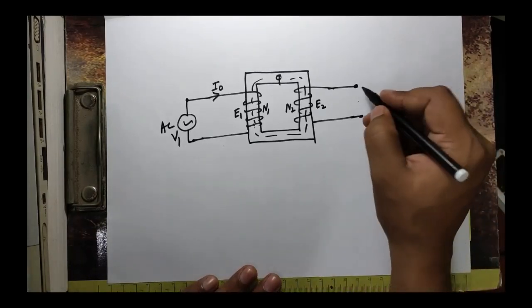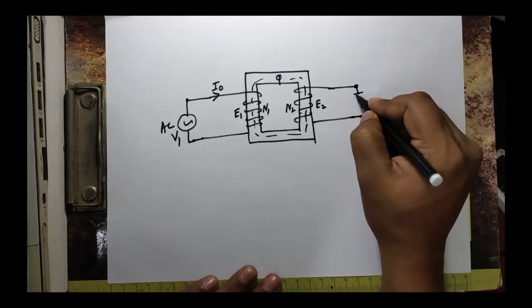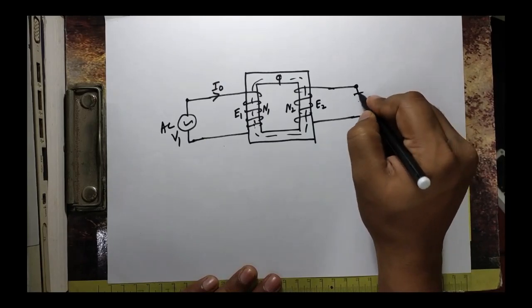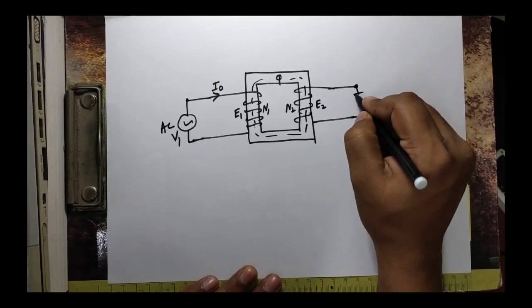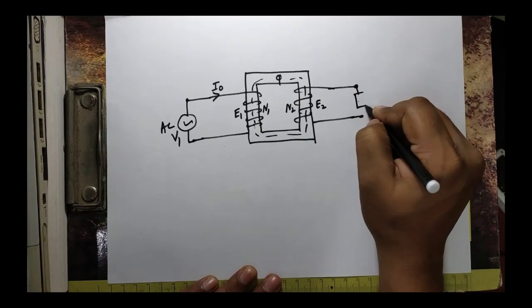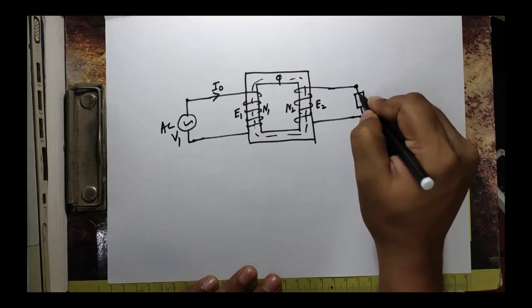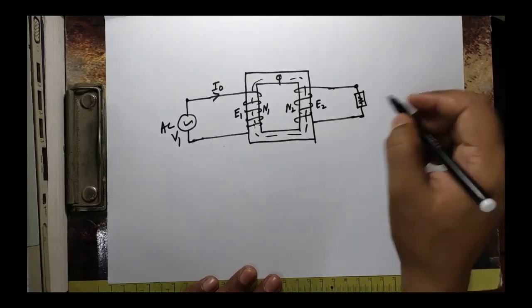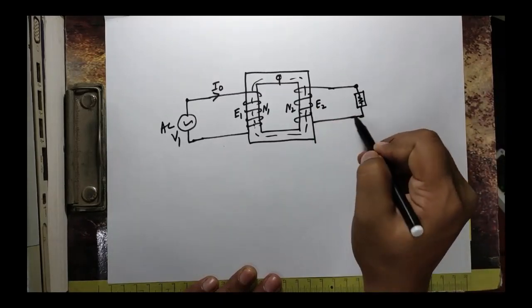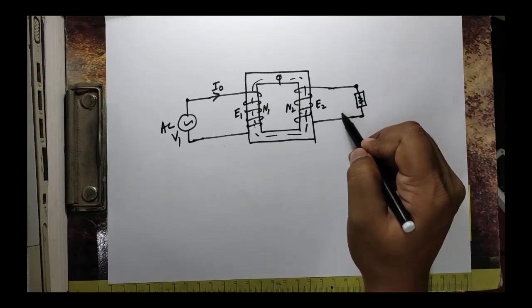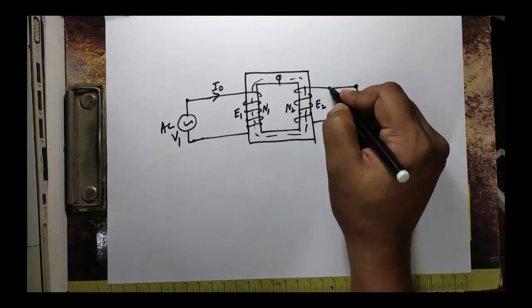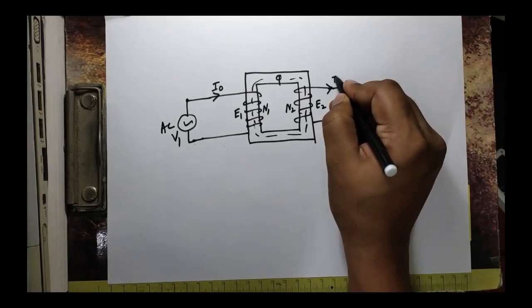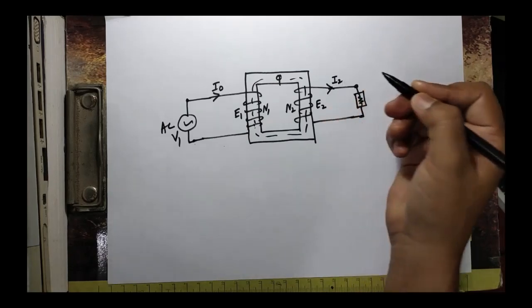Fine. Now if I load it, suppose I am loading it with the help of a resistance. Okay, since this is now a closed circuit, current will start flowing, right? This is, say, I2, current starts flowing.